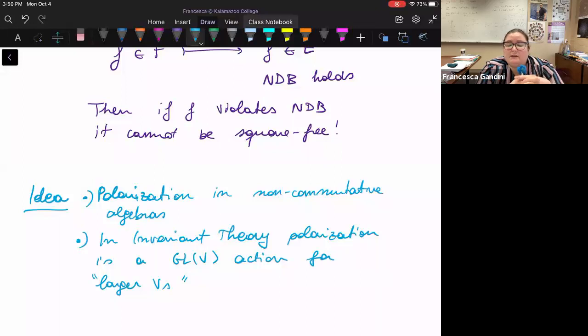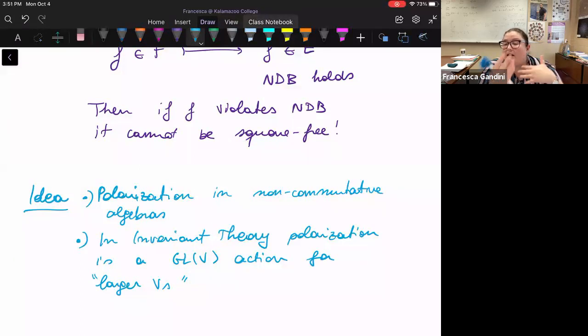And if folks are interested, I would definitely want to talk a little bit more about connecting the commutative algebra sense of polarization to this representation theory sense, because I've had some conversations with commutative algebraists, and they seem to have one specific way to think about polarization. But once you think about it as a GLV action, there is a little bit more flexibility there.